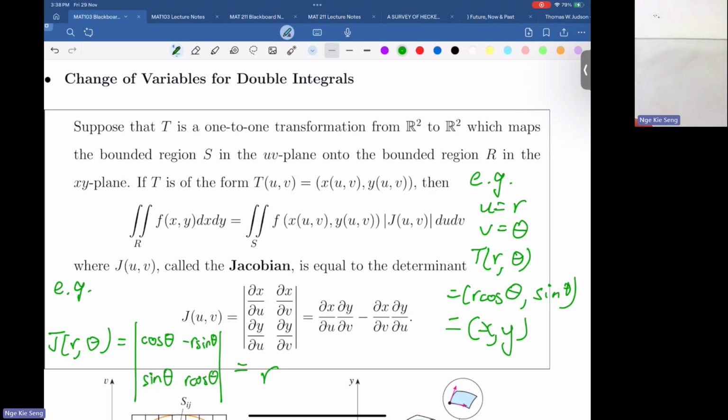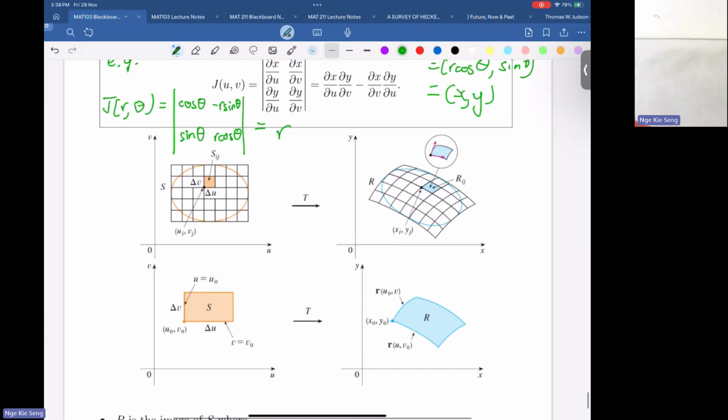So what's the significance of this r? What should you imagine here? You take r theta, so you should imagine this as an r theta rectangle. But when you put it on the xy plane, this rectangle gets stretched. Do you still remember the polar rectangle? It looks something like this in the xy plane.